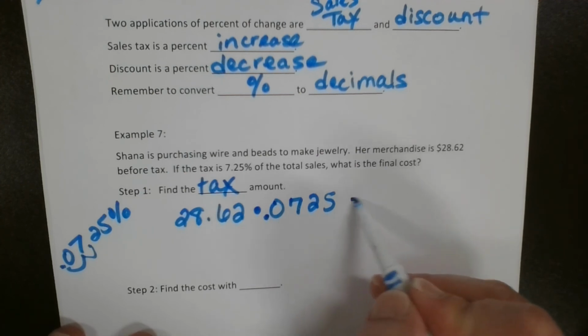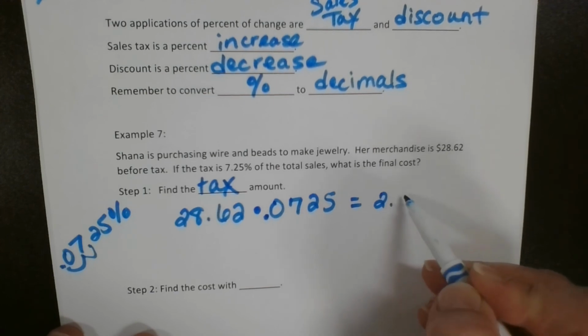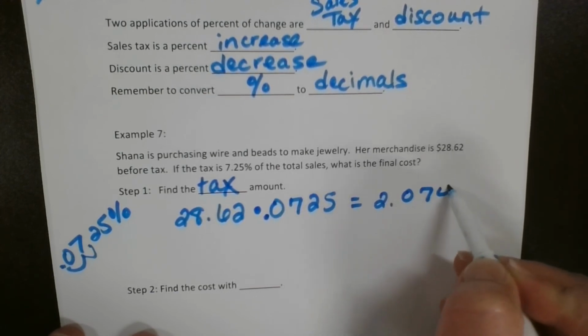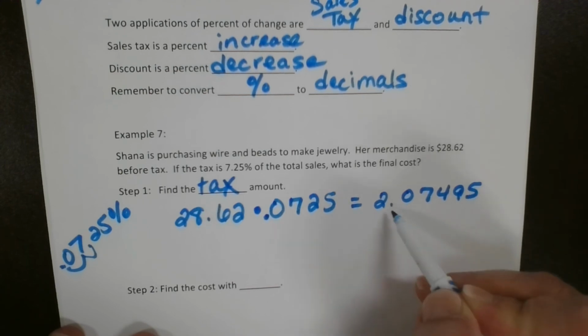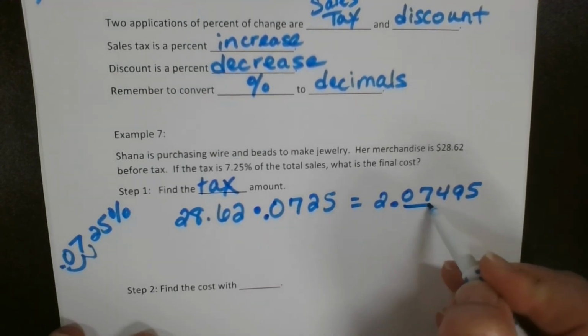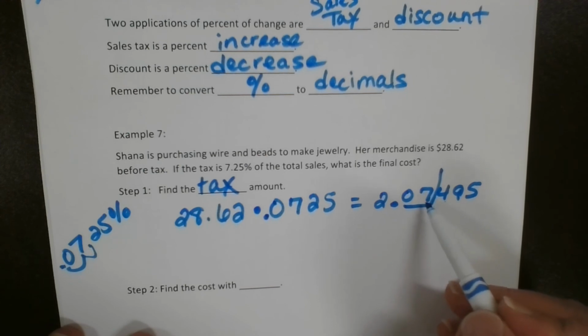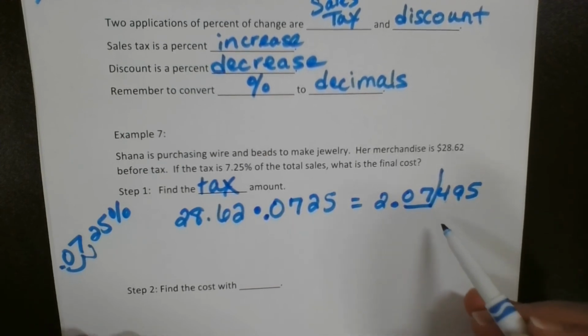And then we're going to find that we're paying $2.0745 in sales tax. Now you know that we're going to stop right there with the sales tax. That's not 5 or better, so they can't make us pay 8 cents right here. We can only pay $2.07.